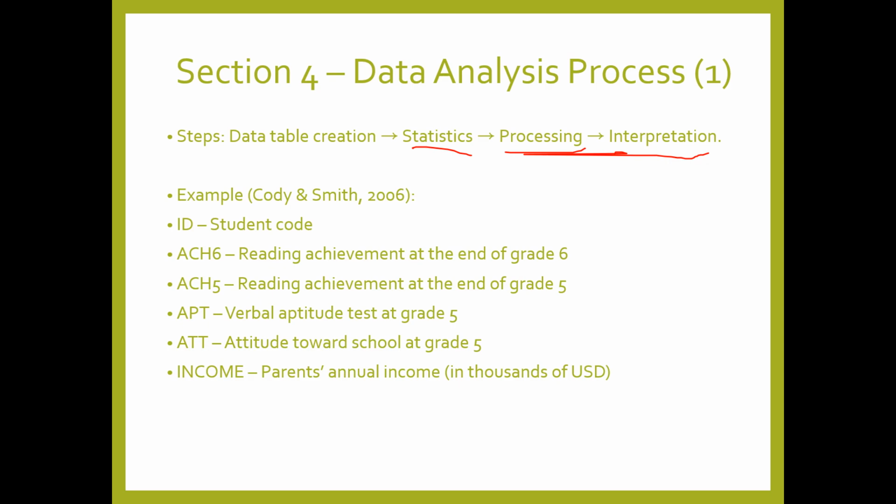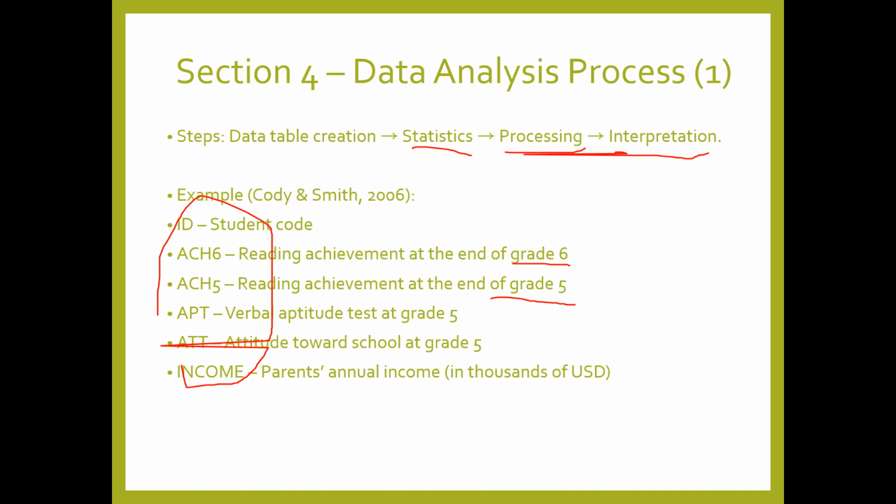So you will have 1, 2, 3, 4, 5, 6 variables right here. Okay, the ID is a student code. Okay, ACH 6 means the reading achievement at the end of grade 6. Okay, ACH 5 is grade 5. Okay, so they will compare like a pre-test and post-test.